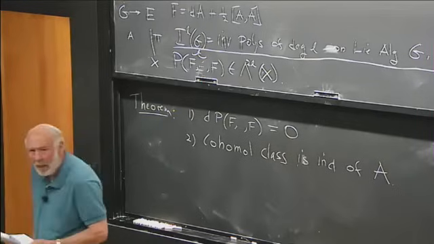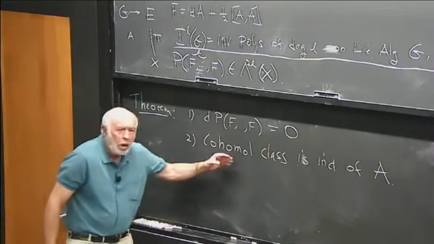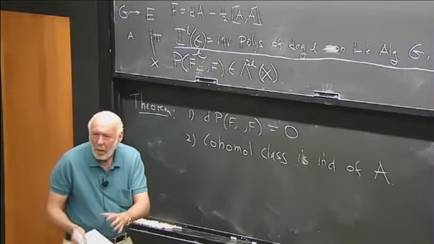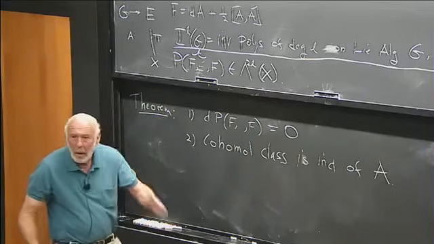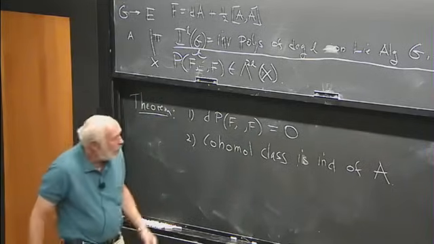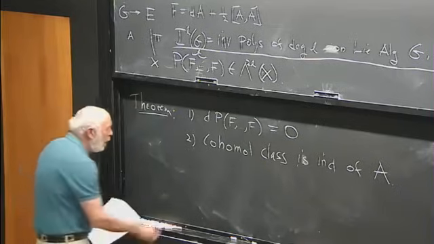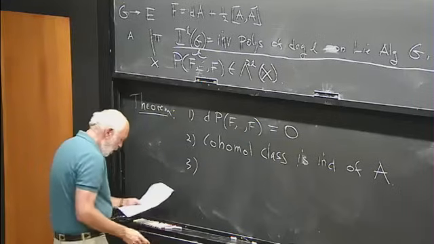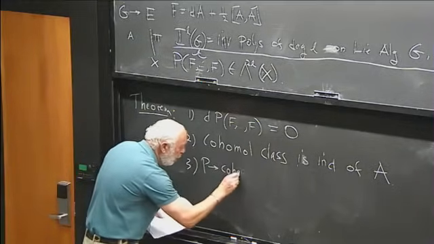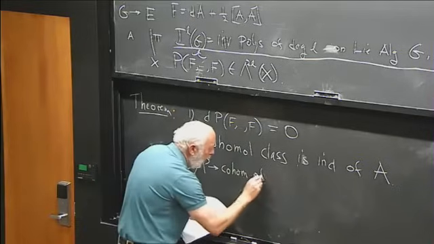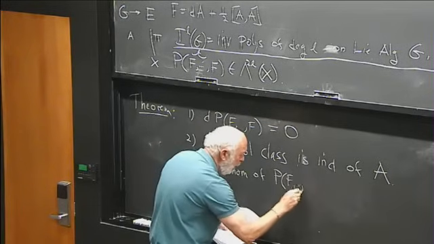And you know that cohomology is closed forms modulo exact forms, which is finite dimensional on a compact manifold. So the cohomology class is independent of A, and the map from P goes to the cohomology class of P of F is a homomorphism.